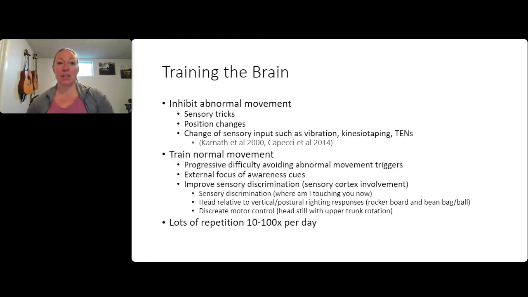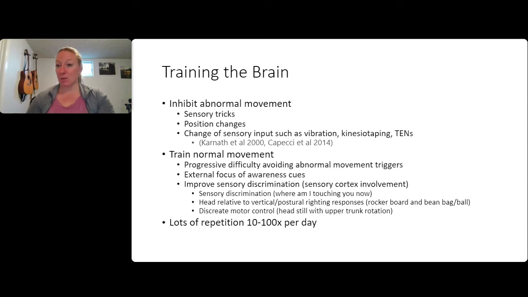And when we think about training the brain, if we have overexcitability, then we want to inhibit that, create more calm and inhibit abnormal movement. And so when we're thinking about it in this structure, we can use those position changes and change of sensory input. So again, the weight, but some other things that work well include vibration, kinesiotaping as well, or TENS.